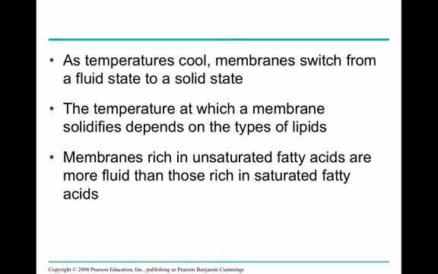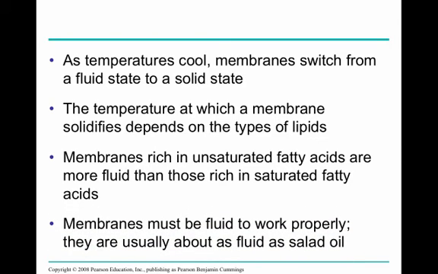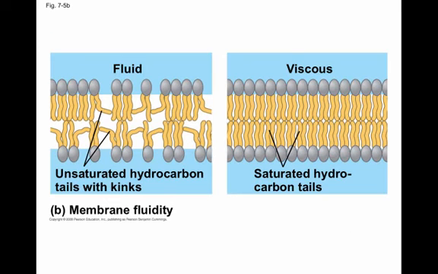Saturated fatty acids turn solid more quickly than unsaturated fats do. And we need our membranes to be fluid. That's how they work the best. That's how things that need to get through them can get through with this movement. And if they are not fluid, they don't move, and we have a problem.